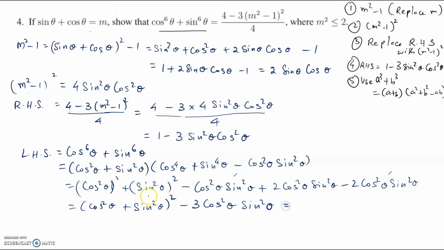Which can be rearranged as cos squared theta plus sin squared theta is 1. So 1 squared. So 1 minus, rearranging this, 3 times sin squared theta cos squared theta. So you can see that RHS is equal to LHS. So LHS is equal to RHS, hence the proof.